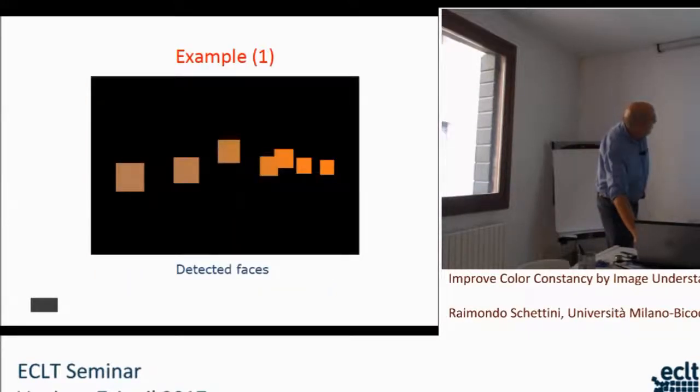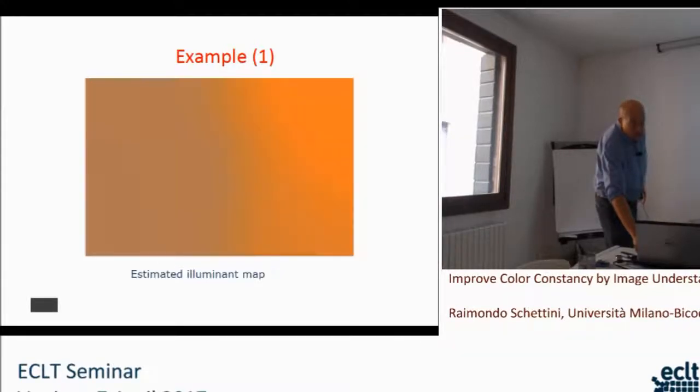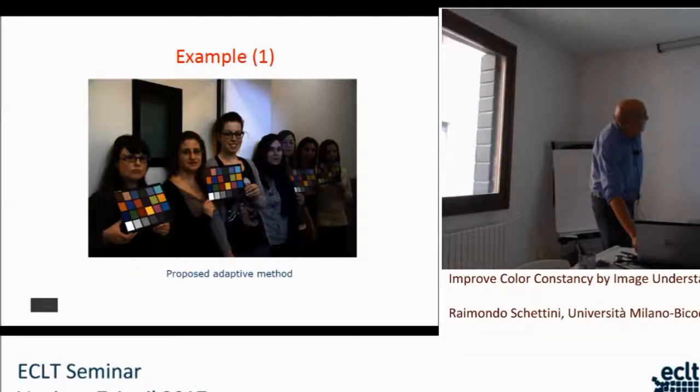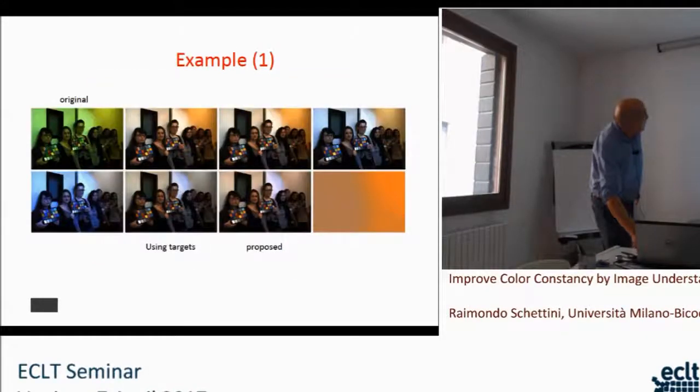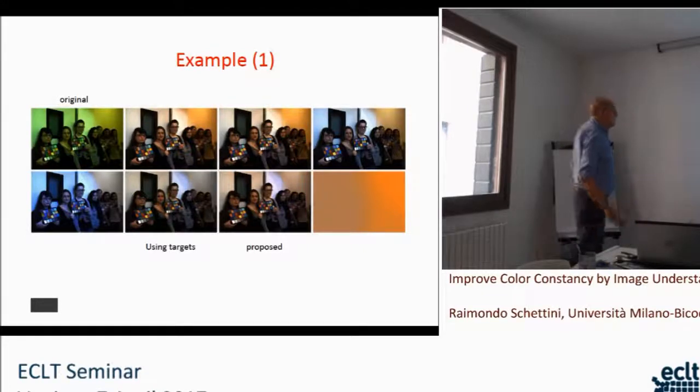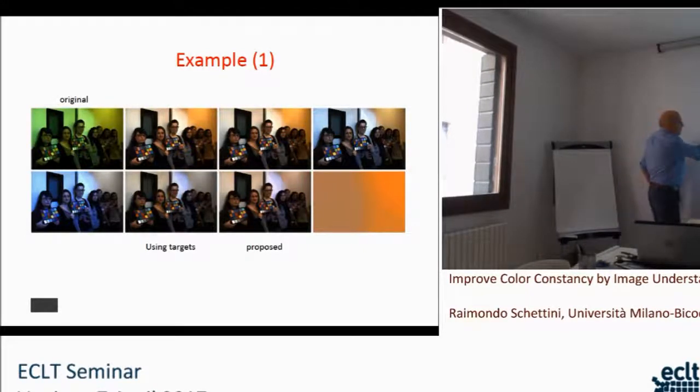These are the faces detected with somehow exaggerated color of illumination. This is the illumination map estimated, and this is our proposed. So the original one, using the target, our proposal.